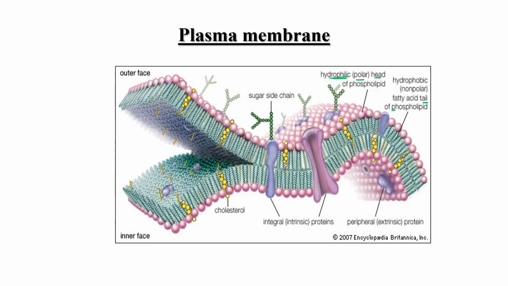In this lipid bilayer, some proteins are embedded inside, known as integral or intrinsic proteins, while some proteins are just present on the outer surface, known as extrinsic or peripheral proteins. This plasma membrane also contains some carbohydrate molecules, or sugar side chains, attached to the membrane proteins, and some cholesterol molecules are also present. So this is the structure of the plasma membrane.